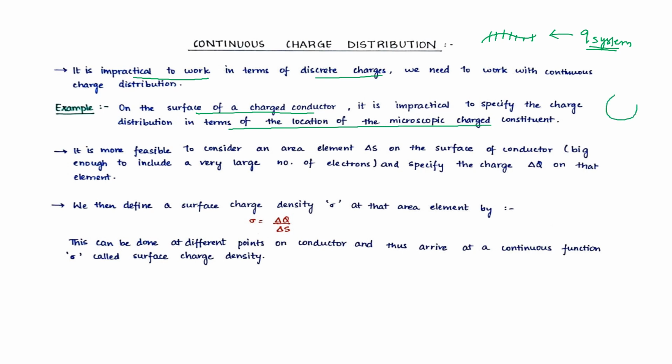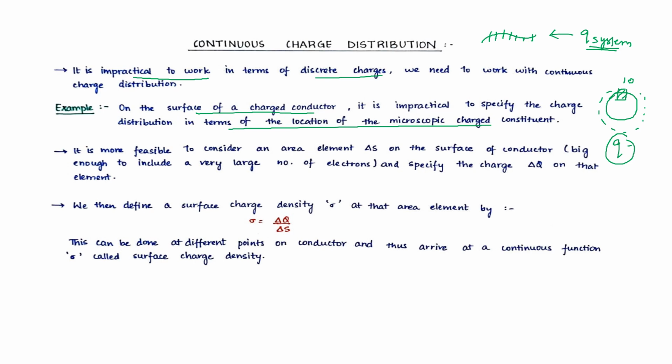If we are taking one spherical surface, we cannot define that for a given area we have 10 charges, but for the whole surface we can define that the amount of charge present on the surface is equal to Q. So at such levels where microscopic levels are included, we cannot go with single charges. We have to work with the continuous distribution of charge.